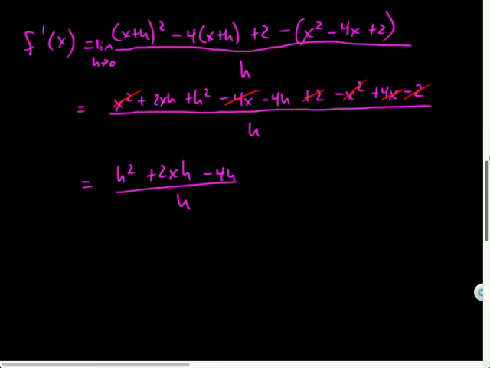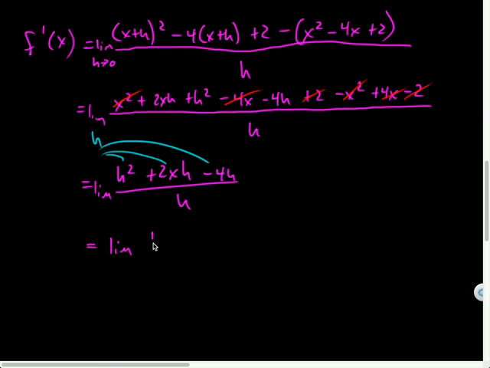Factor out an h. Oh man, I still have limits all over here, sorry. Yeah, it looks like we could factor out an h here, right? I was going to say, what if we divided everybody by h squared? But that technique only works when the limit is approaching infinity.